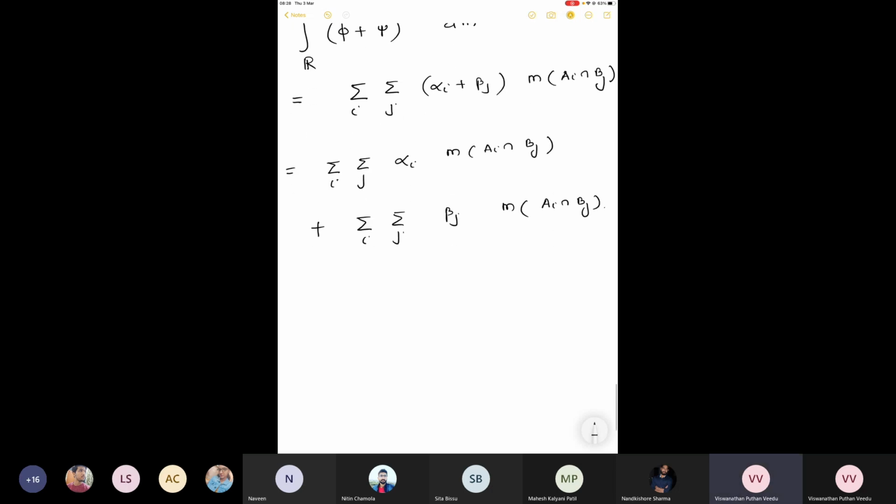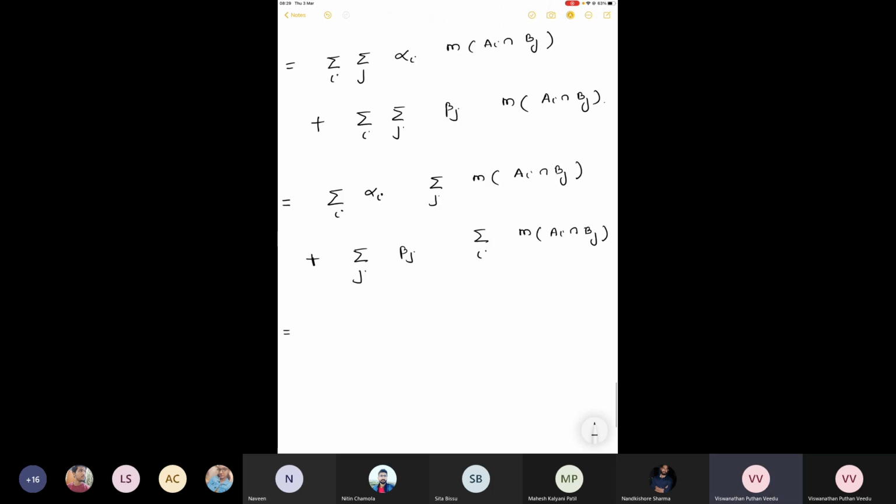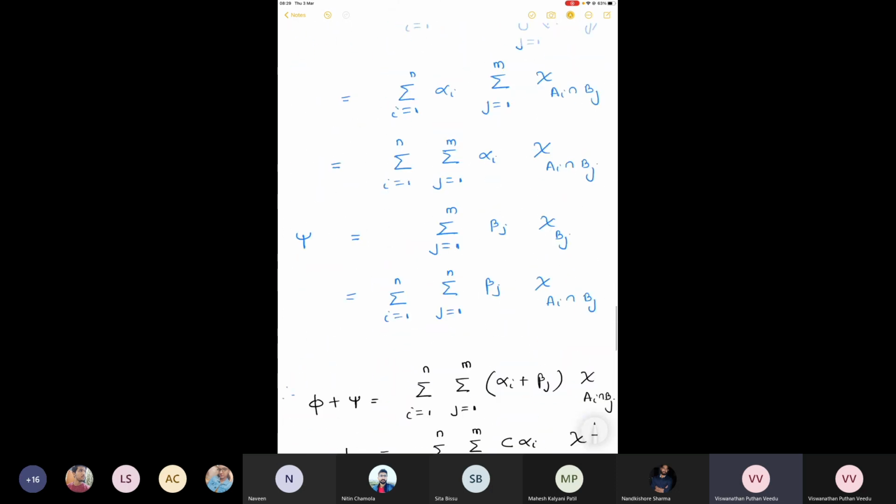In the first term, I would write summation over i, alpha i, summation over j, measure of Ai intersection Bj, plus, in the second, summation over j, beta j, summation over i, measure of Ai intersection Bj. Now I would request you to recall our representation for Ai.